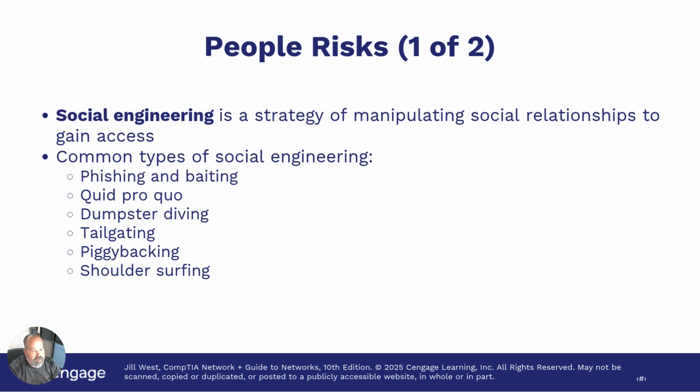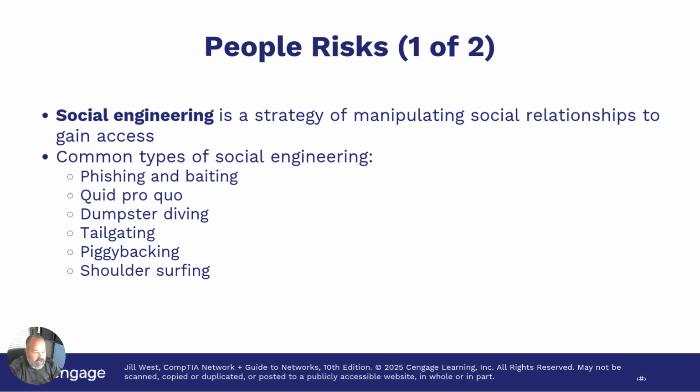Social engineering is basically hacking humans instead of computers, and honestly, it's often easier. Phishing is when someone sends you a fake email pretending to be your bank, the one that starts with Dear Valued Customer, when your bank definitely knows your name. Quid pro quo is I'll scratch your back if you give me your password.